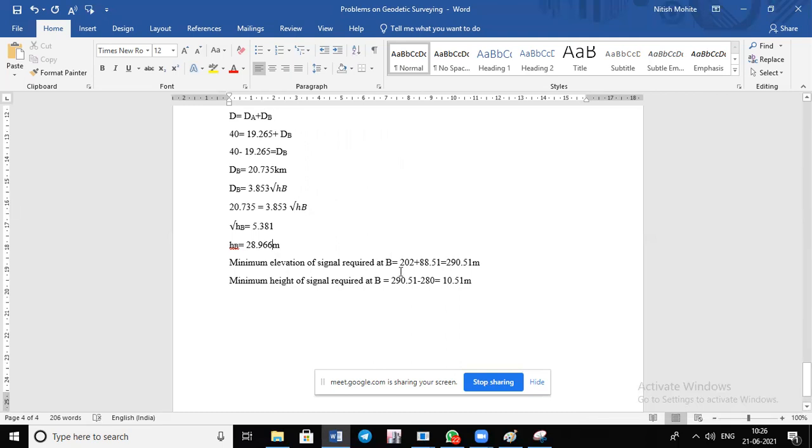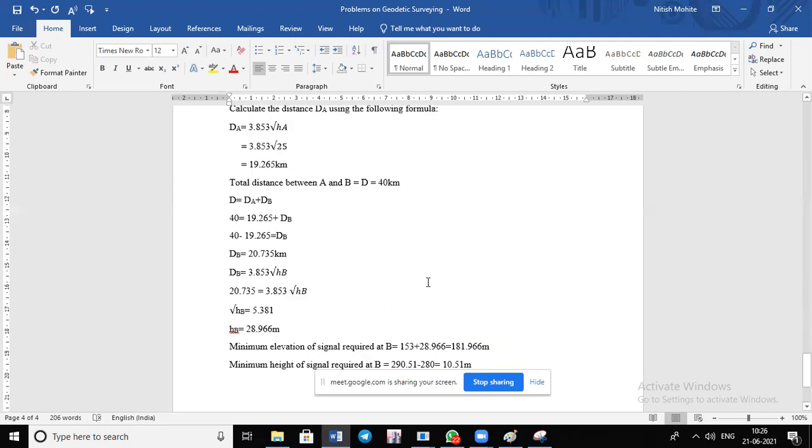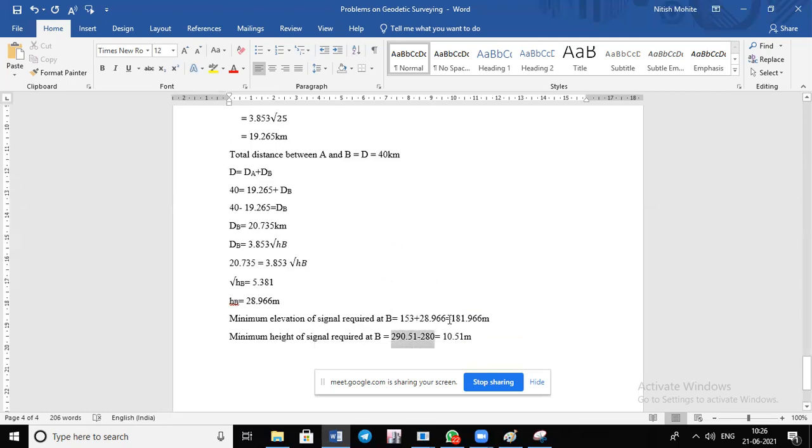So we are knowing that the minimum elevation required at B is 153, and we now have the height equal to 28.966. So 153 plus 28.966 gives me the value equal to 181.966 meter.